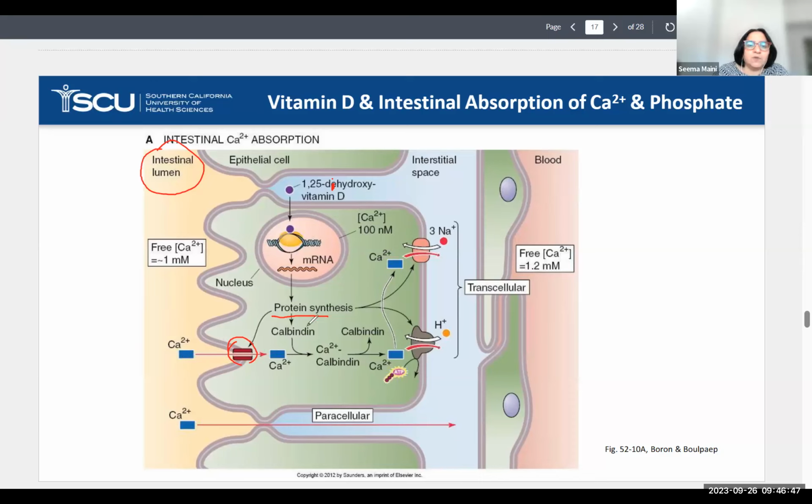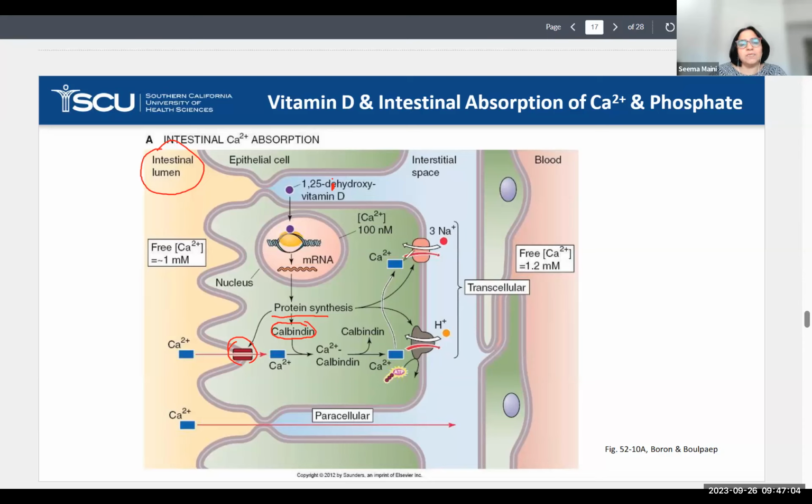There is an increase in the number of calcium-binding proteins which bind with the calcium and cause their transportation within the cell. Okay, and also there is increase in the formation of sodium calcium co-transporters and hydrogen calcium co-transporters.